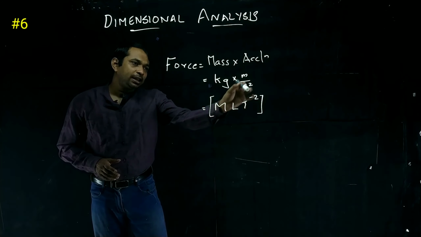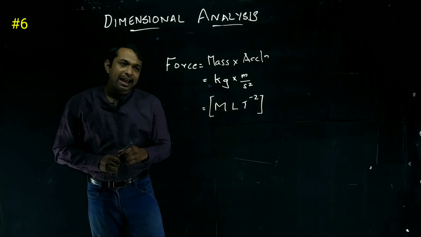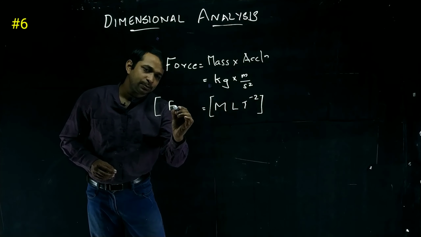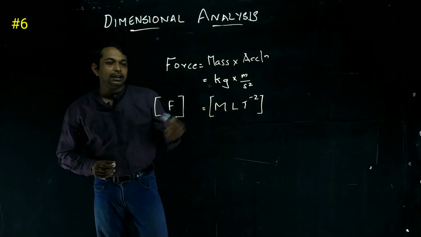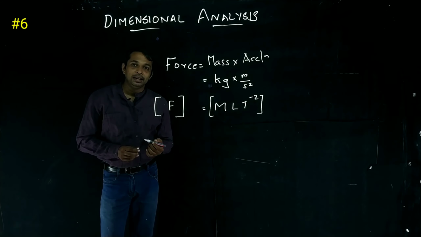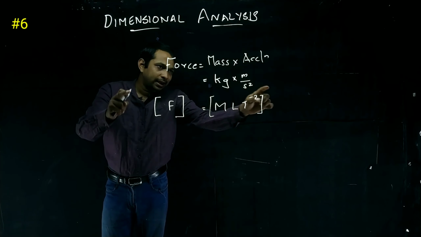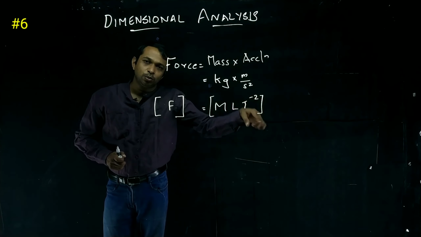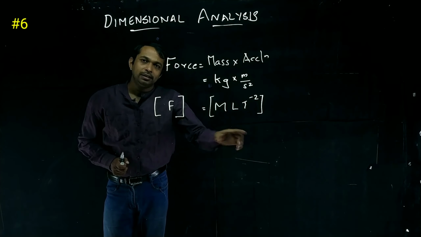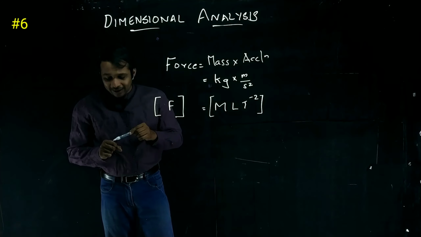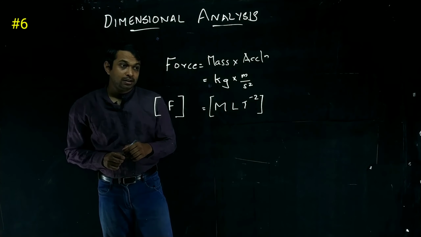Okay, MLT raised to minus 2 is the dimensional formula, and if I write F is equal to MLT raised to minus 2 in square bracket, this is the dimensional equation. Now, what is dimension?